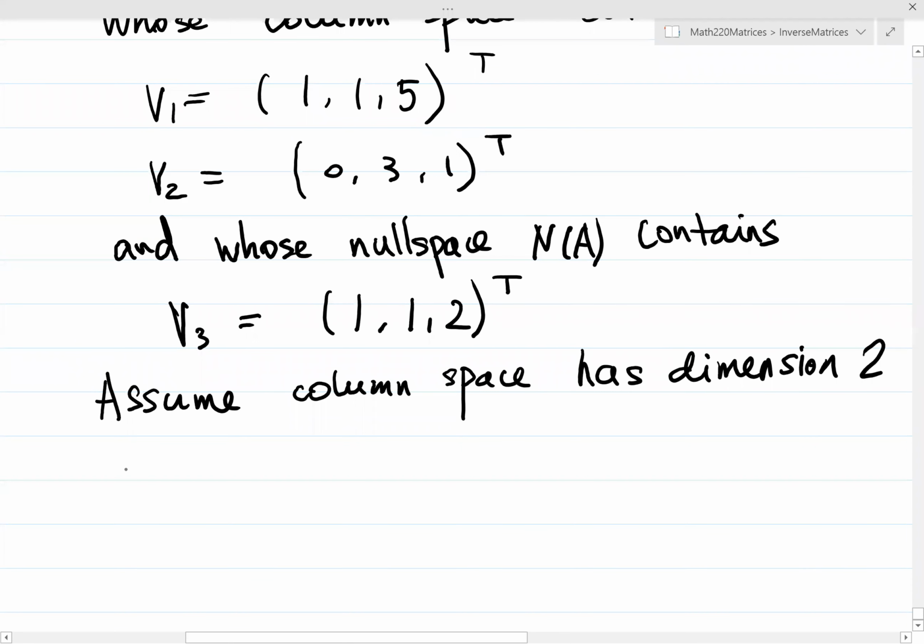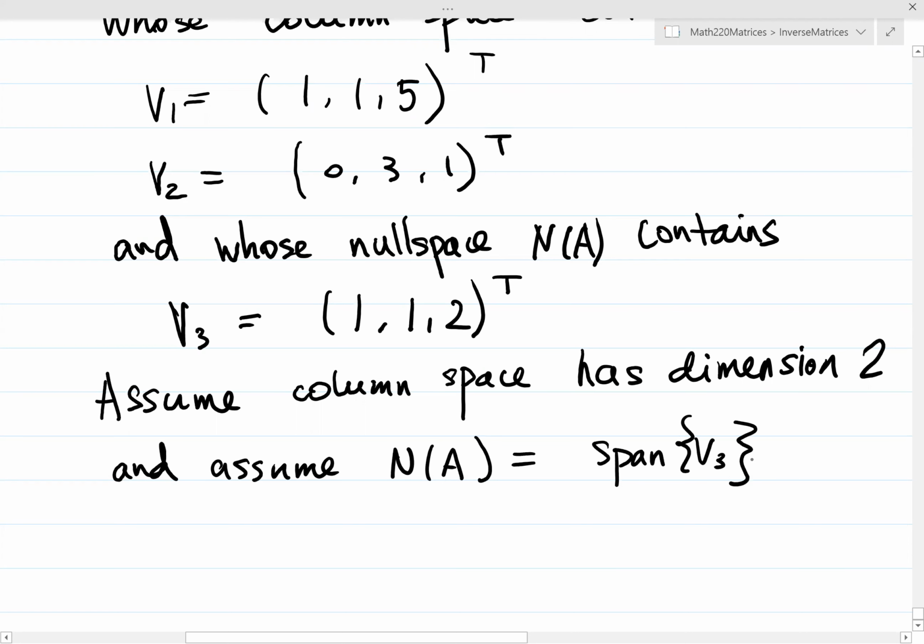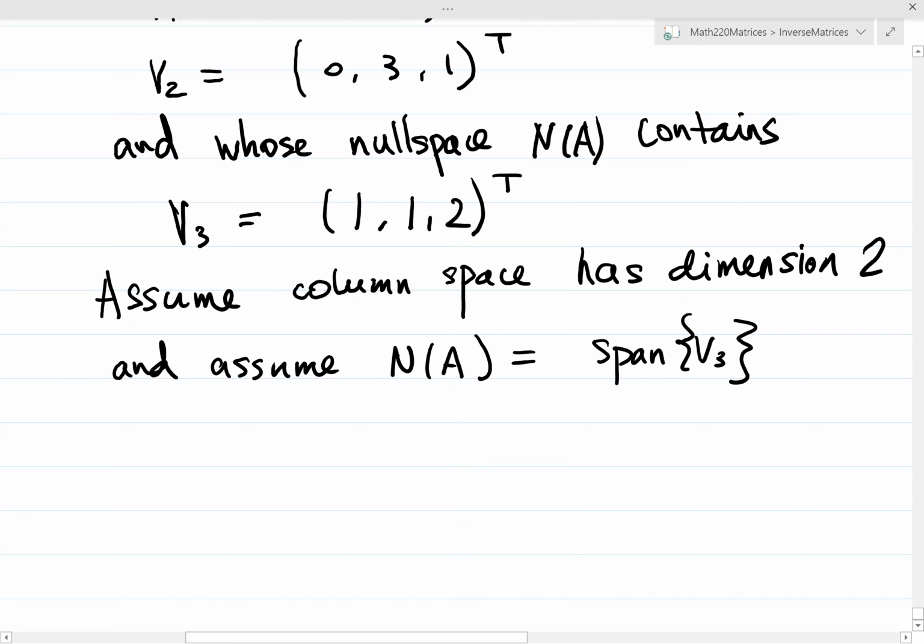And we assume the null space, we just choose the null space to be the span of V3. It's just V3. So we get rank A is 2.